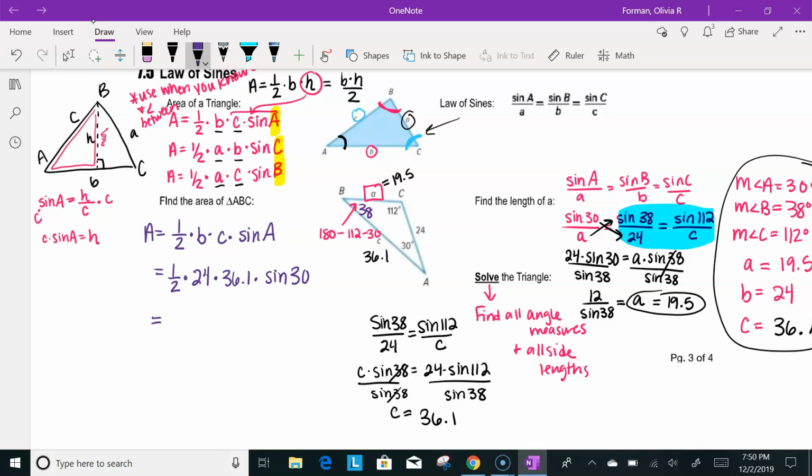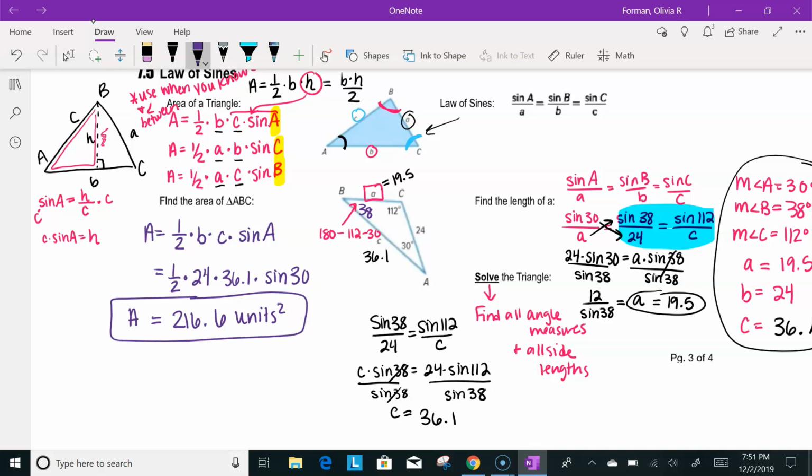What we end up with is that our area is about 216.6 units squared. So when you have area, you square whatever units it is. This one didn't specify if it was feet, centimeters, etc. So we just say units squared. Okay, the area equals 216.6 units squared.